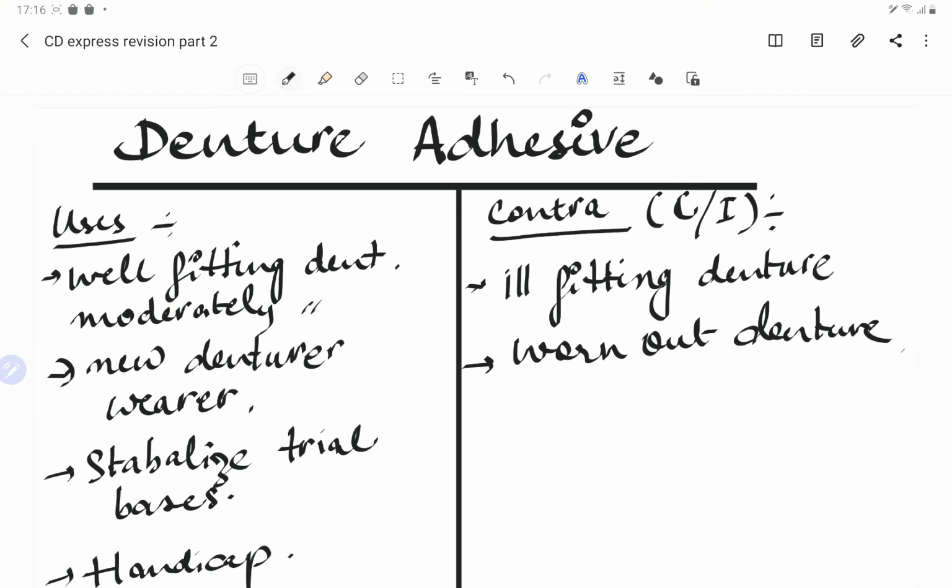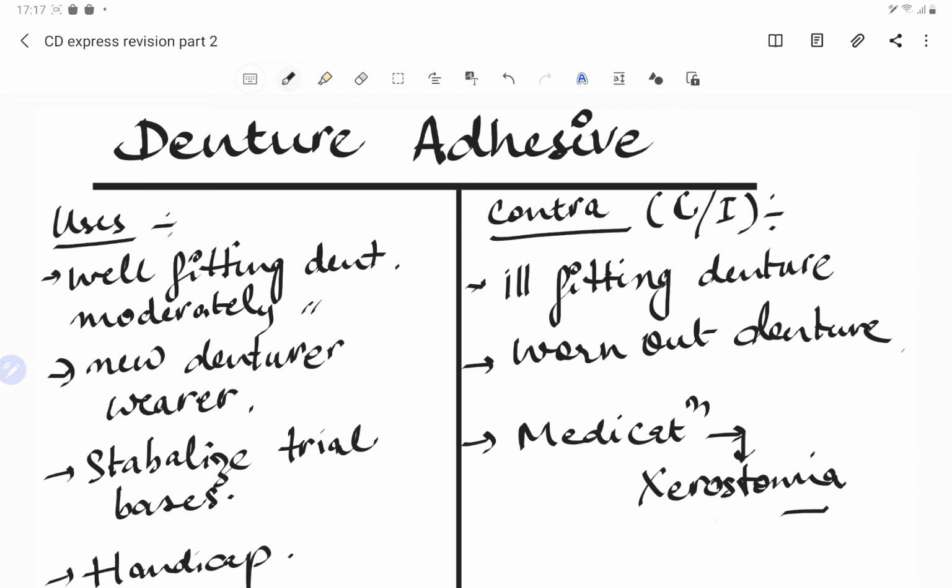Instead of that, the substitute is a relining procedure, or you can also give a tissue conditioner. Or it is contraindicated in people taking medication inducing xerostomia. So for all the medications which are causing xerostomia, first of all, when a patient comes to you with xerostomia, the very first thing is you diagnose the xerostomia in the first place.